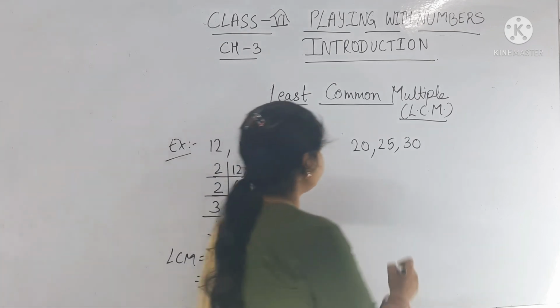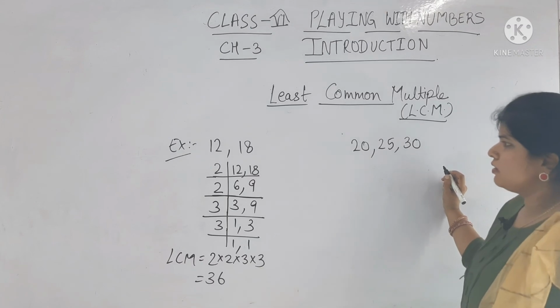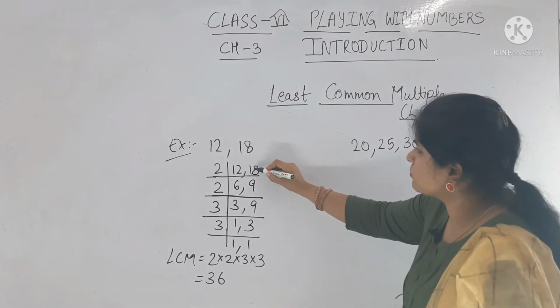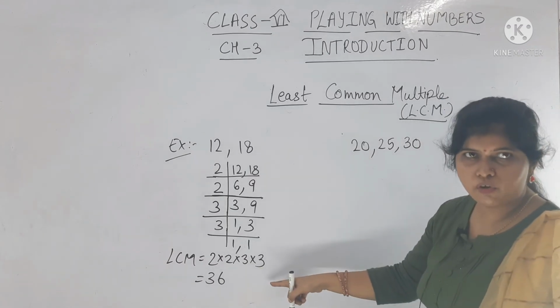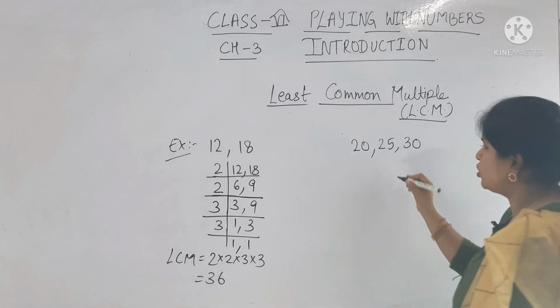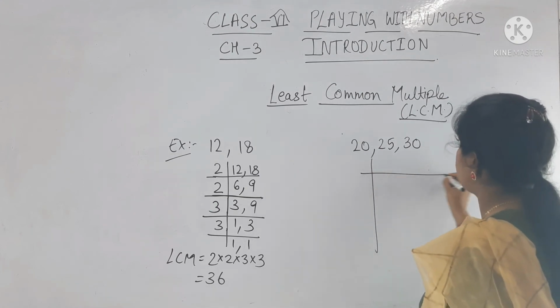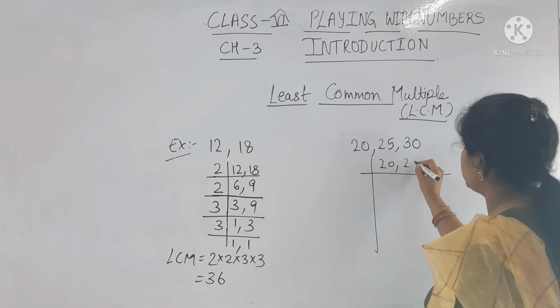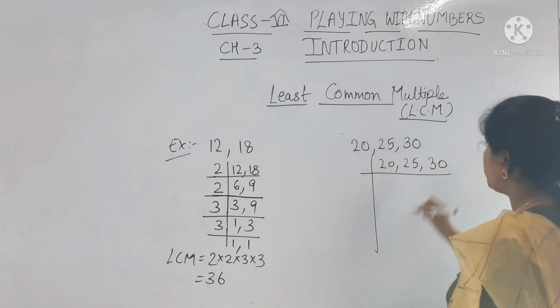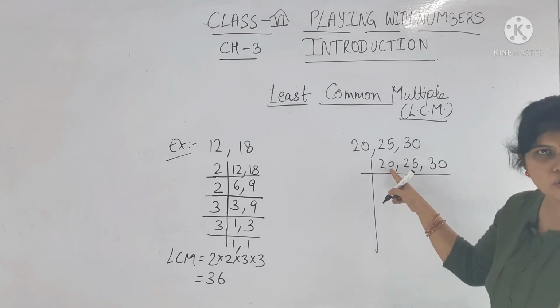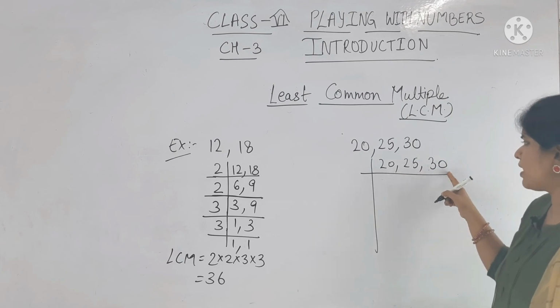Okay. Now come to this next example. I had taken an example for 2 numbers, and here 3 numbers: 20, 25, 30. You can see the last digits are 0, 5 and 0.